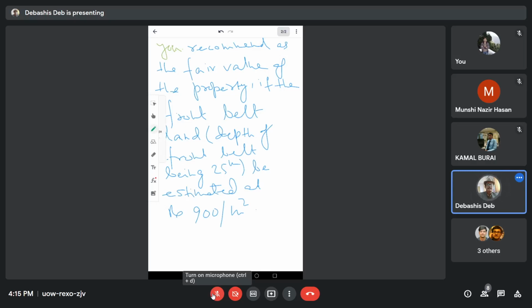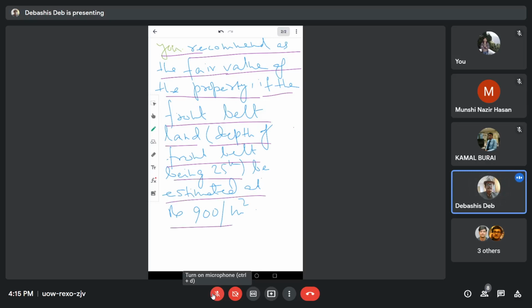What I have mentioned here: recommend as the fair value of the property if the front belt land, depth of front belt being 25 meter, is estimated as rupees 900 per square meter. This was given.